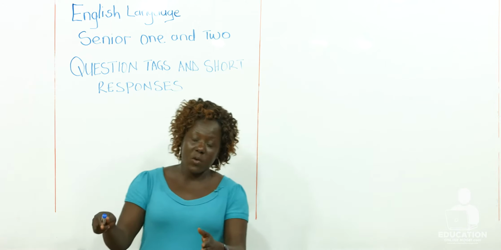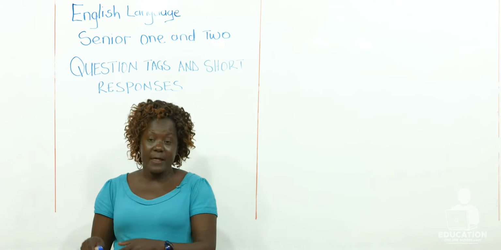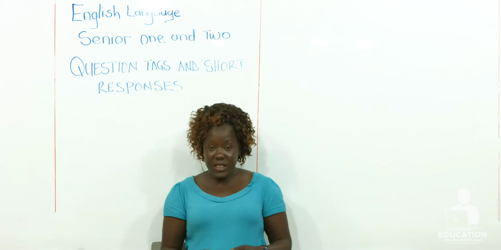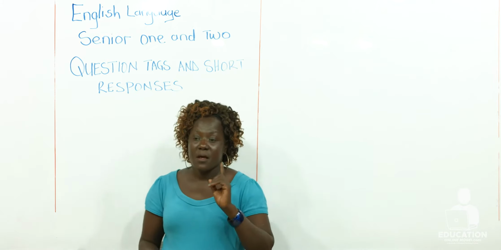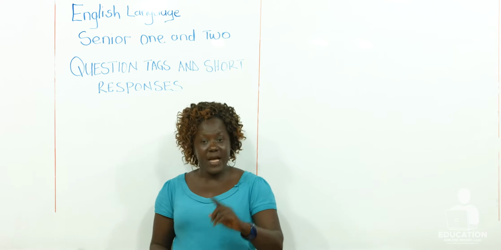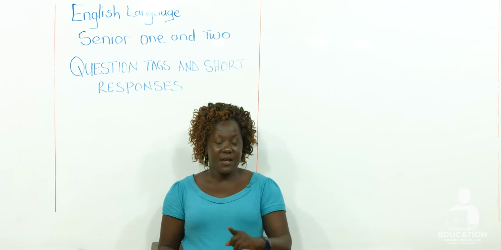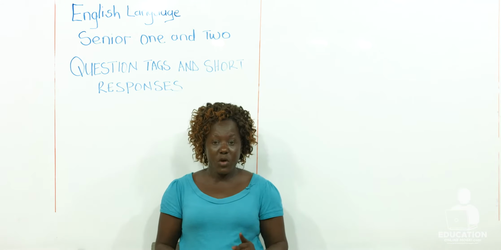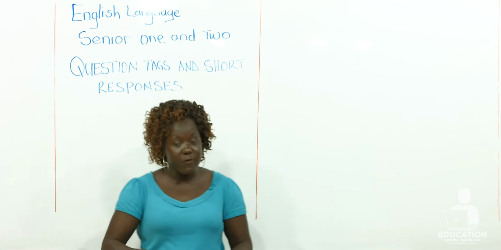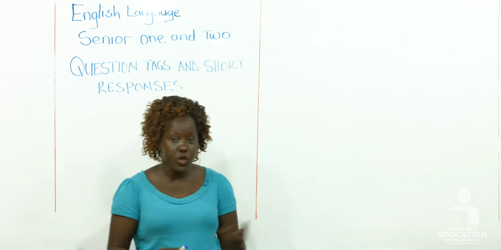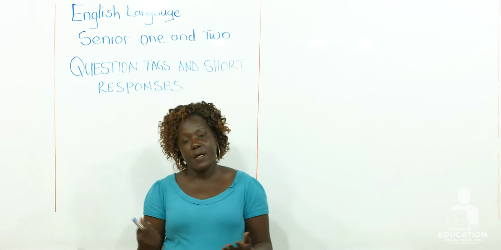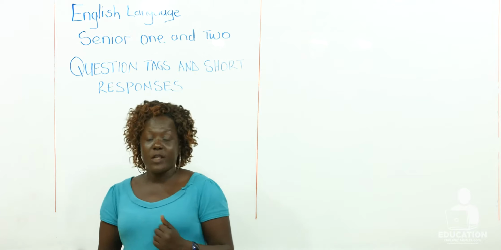When the person is plural, we must also have the plural form of the verb. For instance, when you're using singular, you must also use singular forms of verbs like is, does. But when you're using plural pronouns or nouns, you use plural forms of verbs like do, are, and so forth.